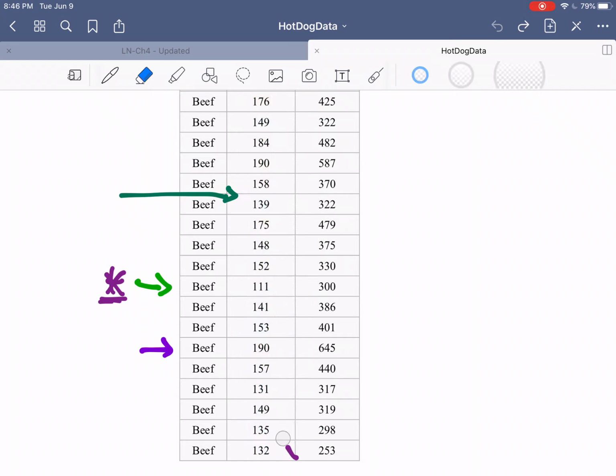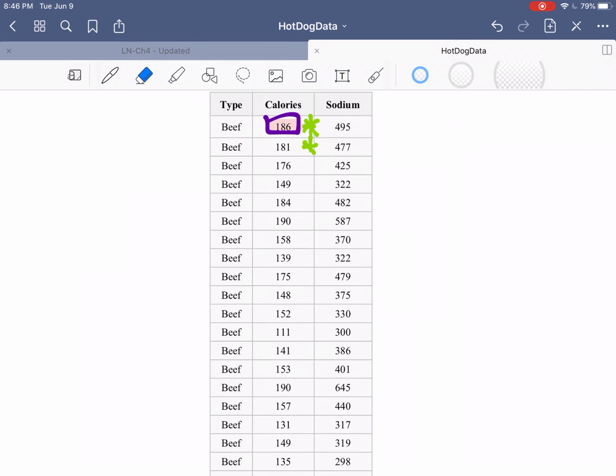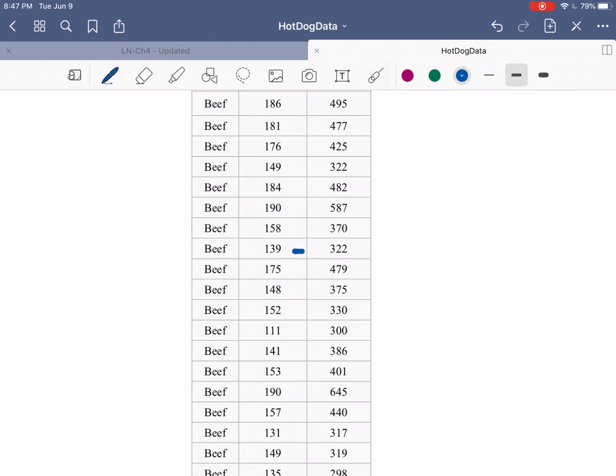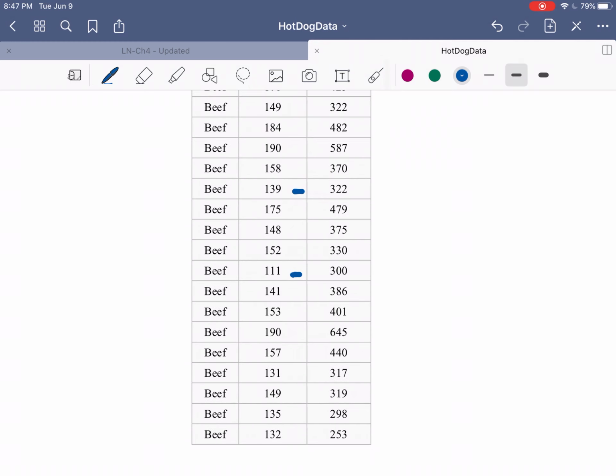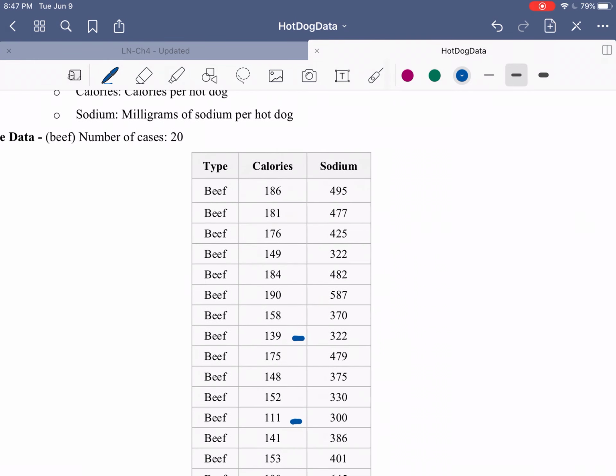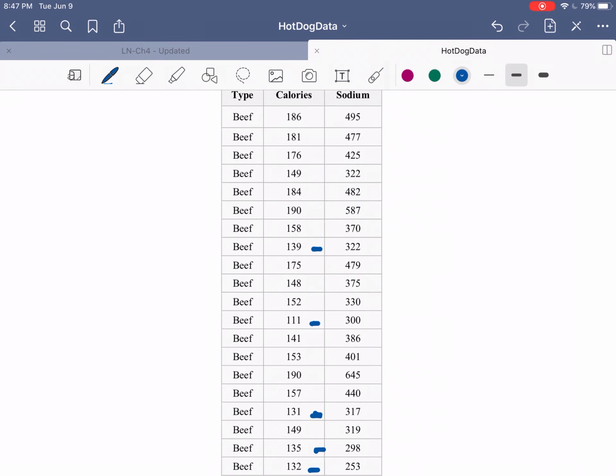And so if we're trying to find out what's the probability it's less than 140, we can go through here and count the total number that are less than 140. So when we go through here, here's 1, 2, 3, 4, 5. So there are 5 cases out of the 20 that have less than 140 calories.